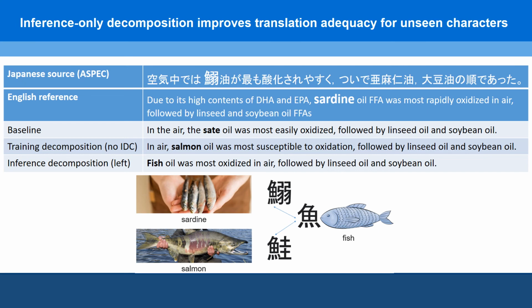Maybe it has seen that salmon is often the English translation when a decomposed kanji contains the fish subcharacter. However, inference-only decomposition produces fish. Fish is not an exact translation, but it is more correct than salmon. A sardine is a fish, but it is definitely not a salmon.